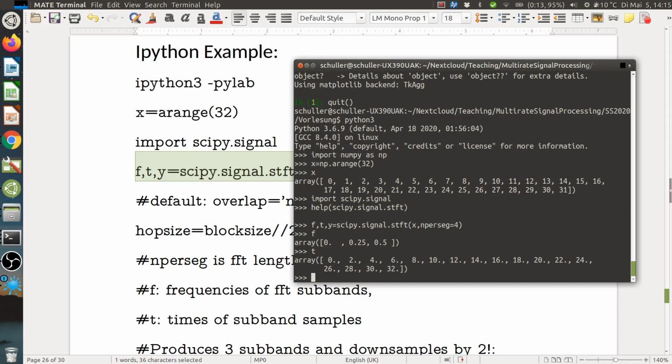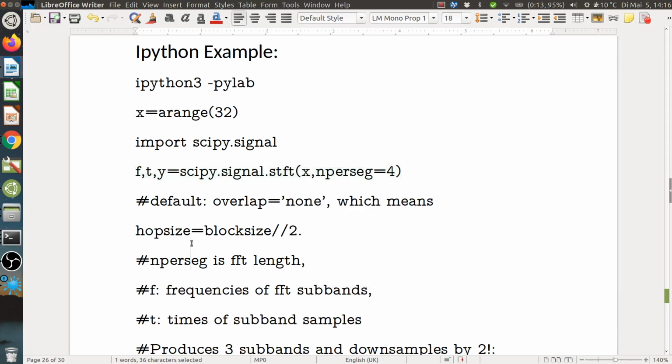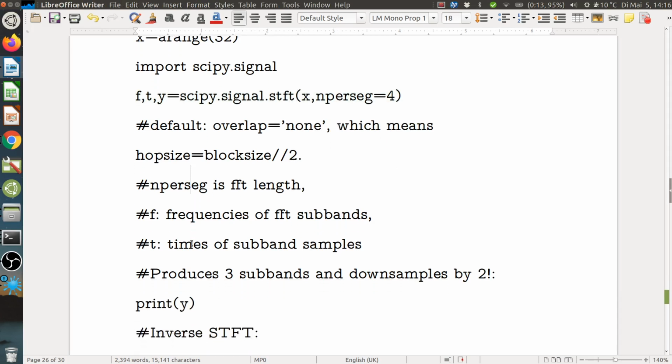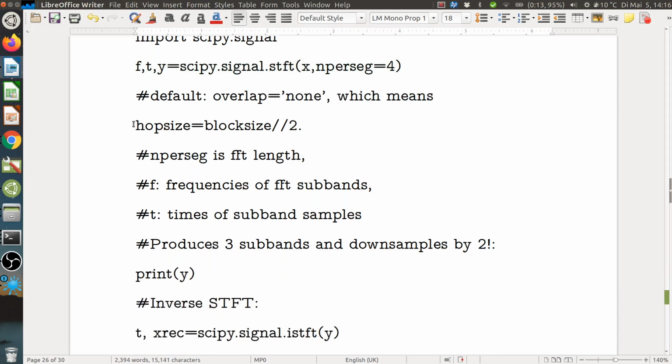The first index of the first block is 0, then we go on 2 further, then we add number 2, and so on. So this is basically already the downsampled sequence. Here the hop size is block size over 2. So this should actually be in comments, because this is assumed by default.